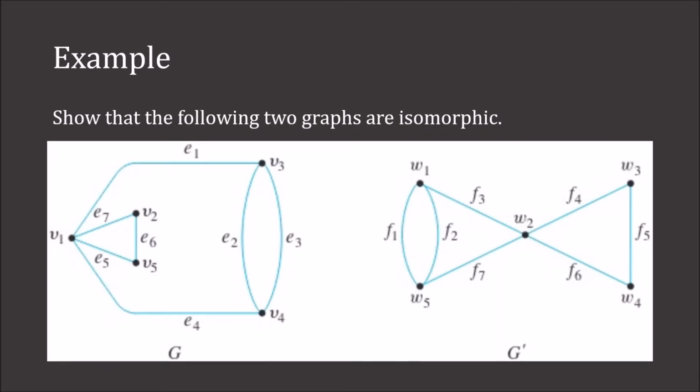What we have to do is find one-to-one correspondences, one from the vertex set of this graph to the vertex set of this graph, and one from the edge set of this graph to the edge set of this graph, such that for all V in the vertex set here and for all E in the edge set here, V is an endpoint of E if and only if nu of V is an endpoint of epsilon of E over here.